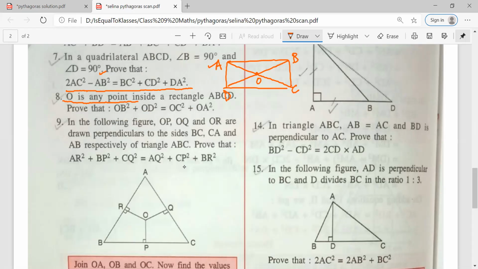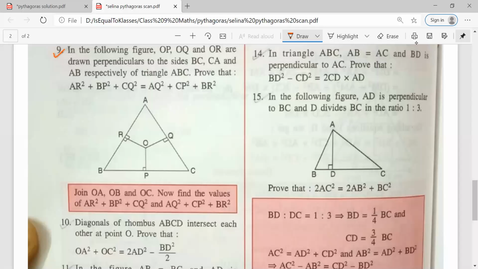Because this will show that O is the midpoint of BD. Yes, sir. They have mentioned that O is any point inside a rectangle, so you can't make any assumption of yours. So that we should be clear. Okay, let us try to do this question.